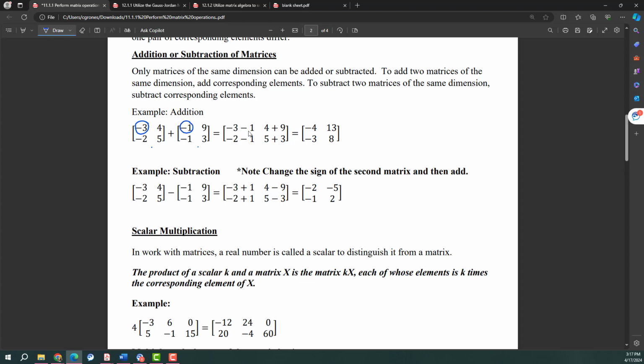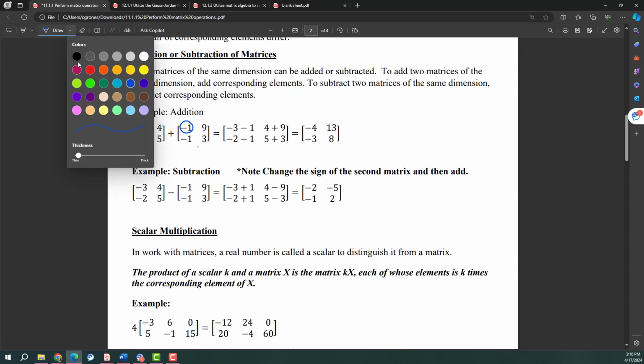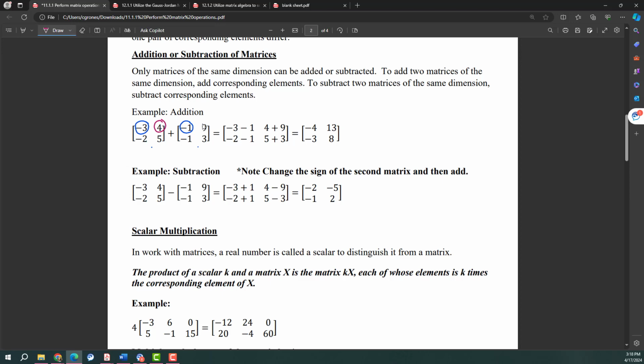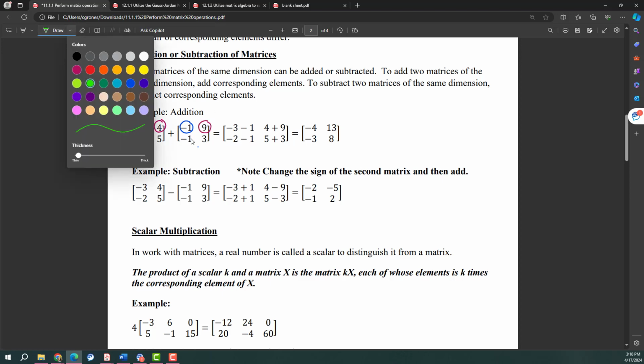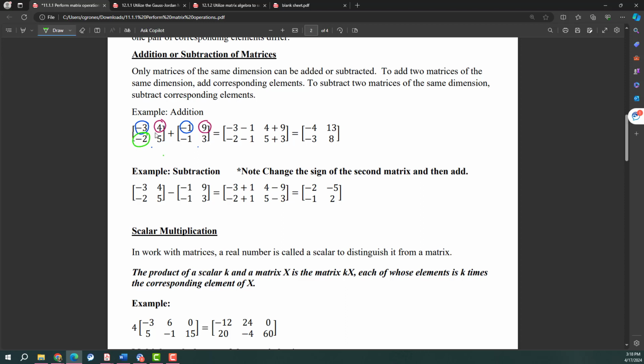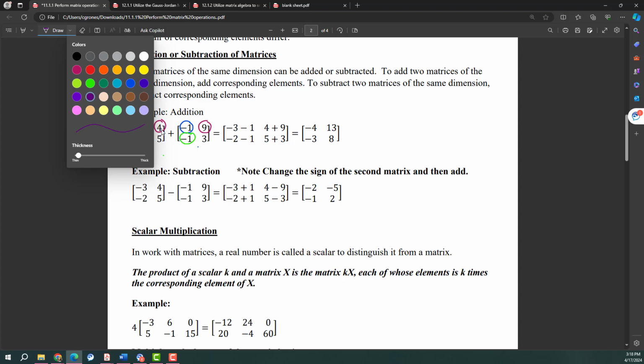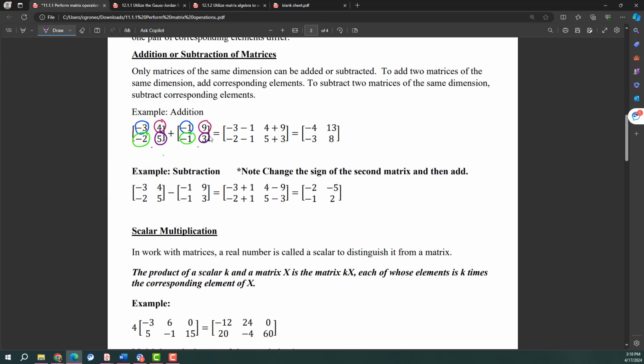That is what we're going to be adding together. And then we'll do different colors. 4 and 9, we're going to add those together. -2, -1. And then last is going to be the 5 and 3. And you end up with this matrix.